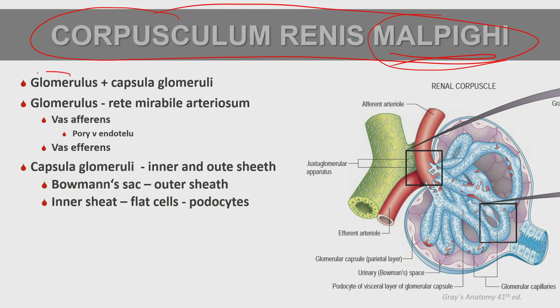So this corpuscle is made from the glomerulus. It's a nodule of arterioles or capillary arterioles, and it has a capsula. The glomerulus is called rete mirabile arteriosum according to Malpighi, and it has pores in the endothelium. It has an afferent and efferent arteriole.